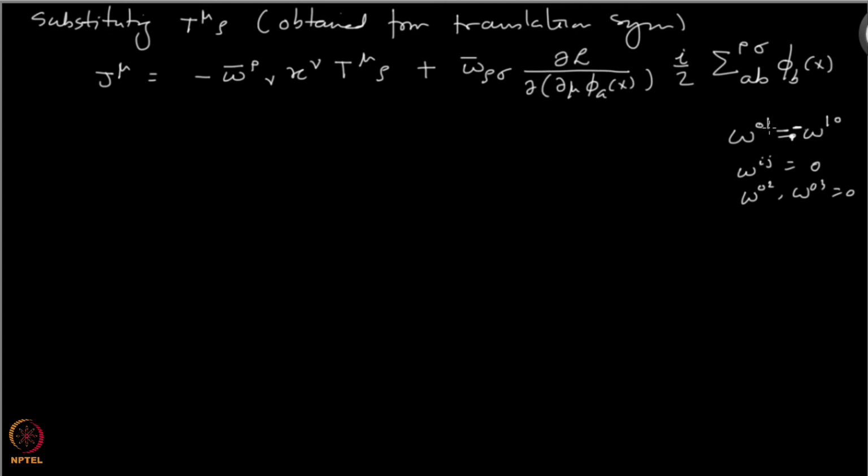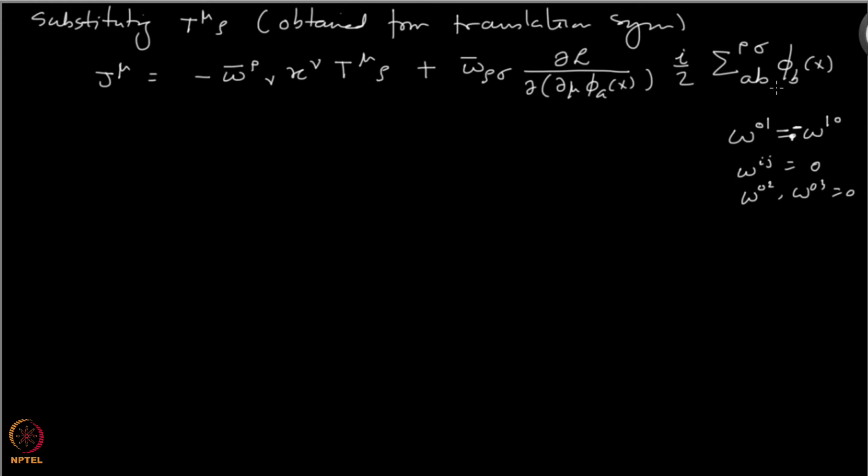Choosing a different, let's say omega 0 2 as non-zero and all other remainings to be 0, you get another conserved current corresponding to the boost along y direction. And similarly for rotation. So you indeed have 6 conserved currents here, but they all are summed here. Everything has been summed together because of this summation. So we are going to pull them out explicitly in a short while, but there is no issue with this.